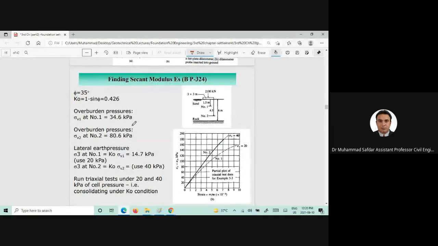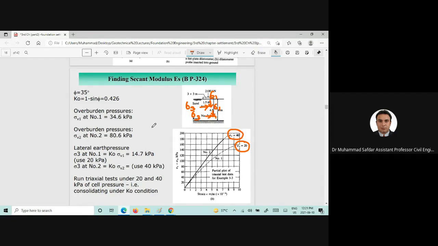Now at a particular depth here, if we want to find out the vertical stress, sigma 1, and sigma 3 at a depth of 4.5 meters, how do we determine that? We need to find sigma 3 of 20 kilopascal and sigma 3 of 40 kilopascal.